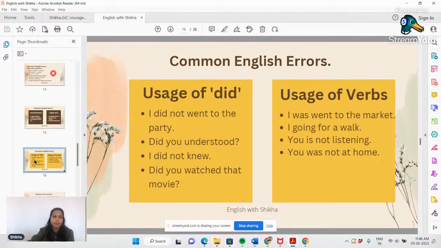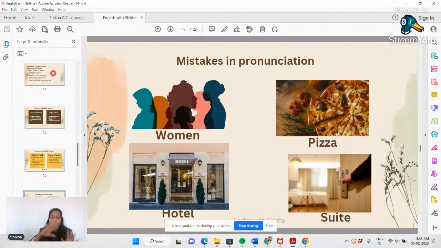Then there are lots of words for which we make pronunciation mistakes, and I have seen many people create correct sentences, even speak fluently, but because of the pronunciation, everything sounds wrong. So your pronunciation also should be very correct.